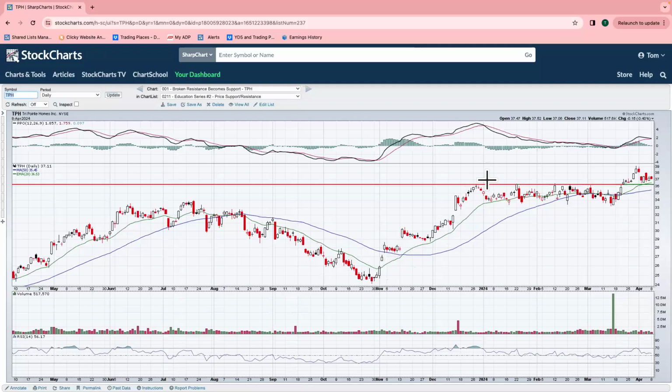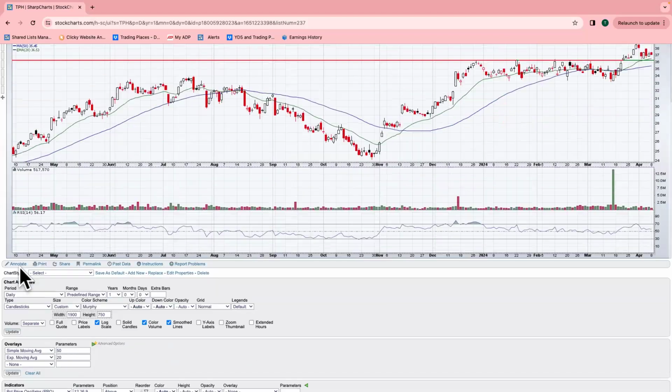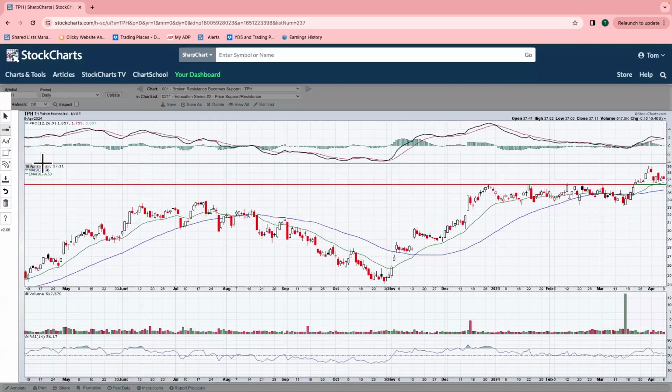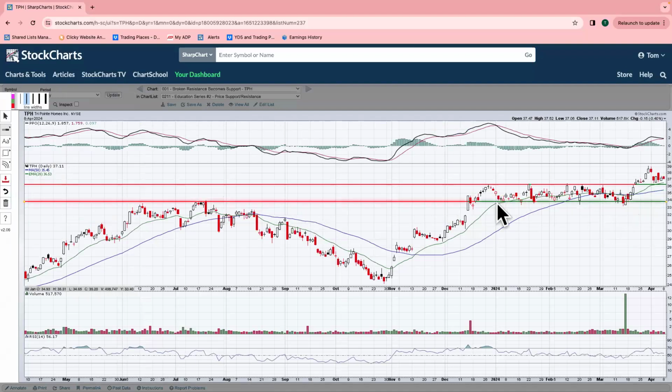And you can see Tri-Point Homes did exceptionally well. And as it made this break, I could have added another area of support on here too, because right here was the key resistance level, and then we broke above it. And for the most part, you can see that that's kind of been holding on any of these pullbacks.